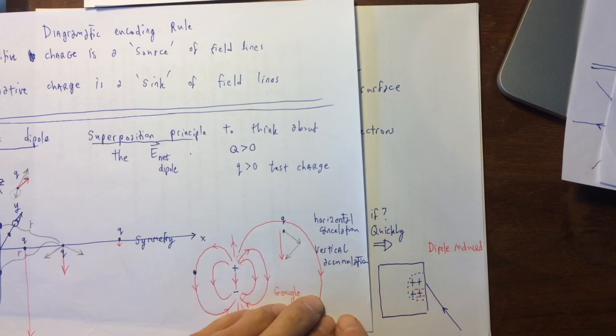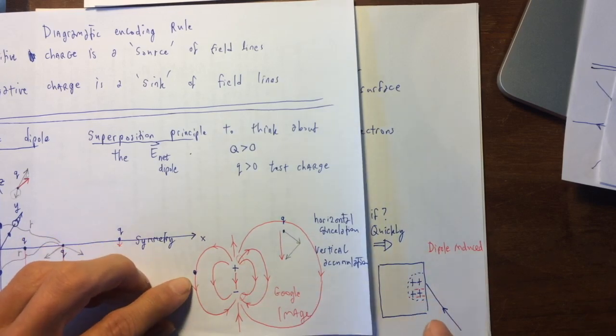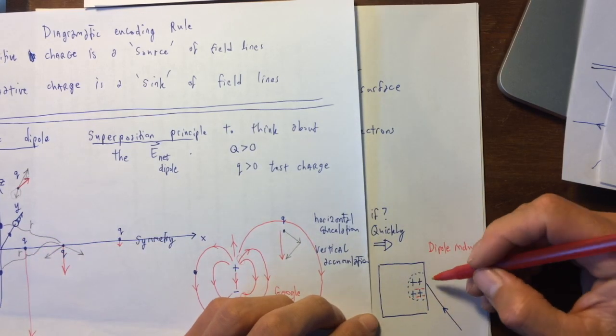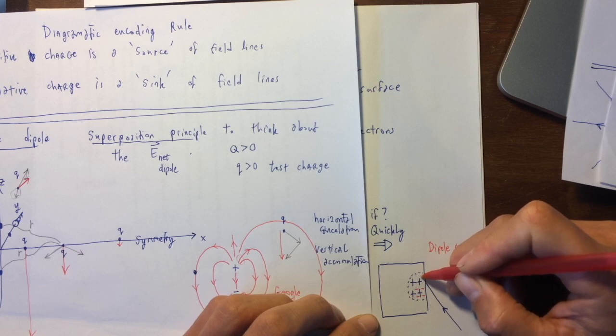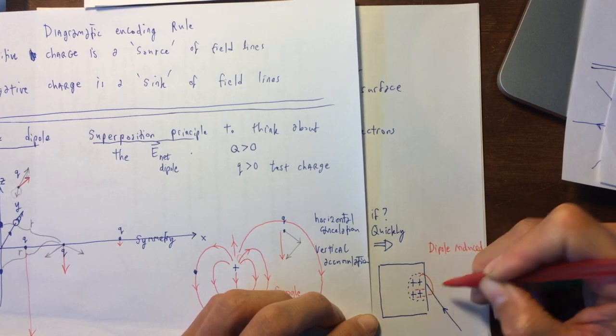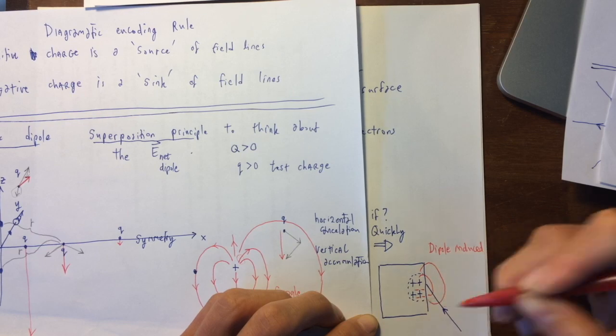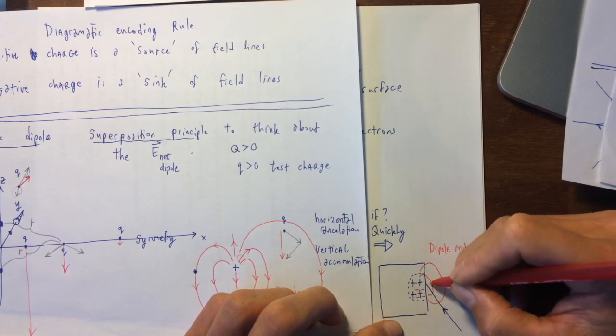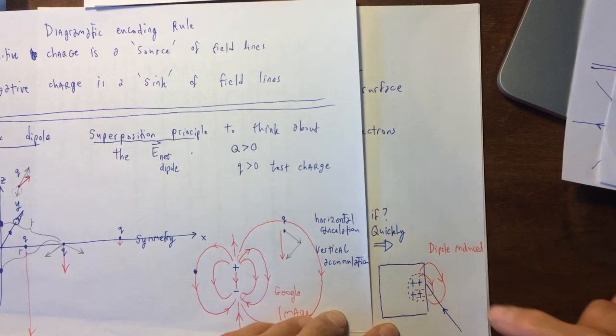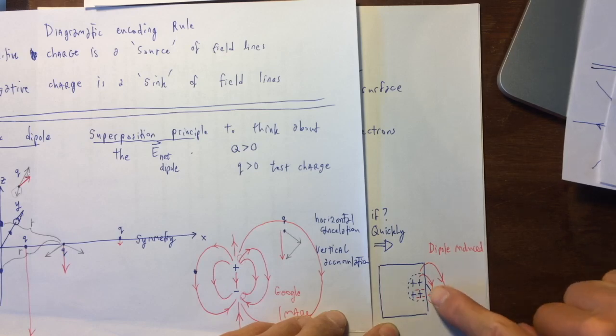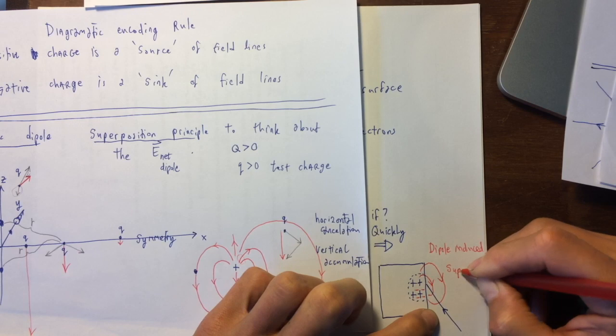And if you have this induced dipole, then that means all of a sudden I have a new electric field. And so the electric field is going to have something of a shape like this. And this electric field has to be superposed with the electric field that was already there. So you superpose.